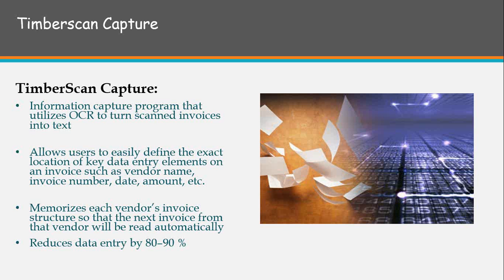And from that template, you're able to define certain elements of that particular invoice, such as the vendor number, the date, amount, and other things such as that, which it will then retrieve automatically at the point of invoice entry, and it populates the invoice entry grid.